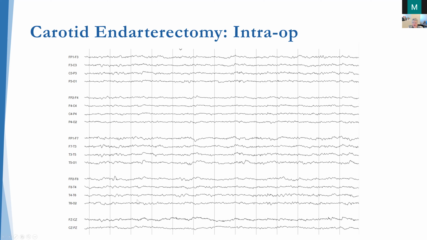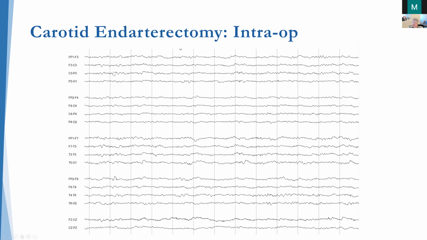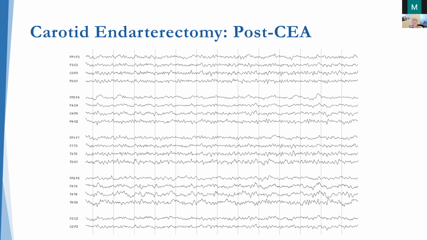Now, I would argue that this is a fairly subtle change. If we go back to the previous image, more beta over the right hemisphere, and then intraoperatively now there's more beta over the left hemisphere, but it's a fairly subtle change, and there aren't too many changes in the other frequency components. However, this was a significant change.